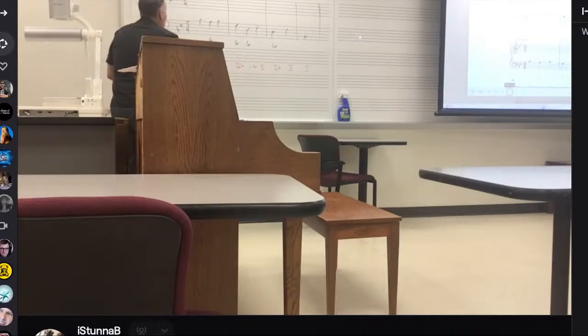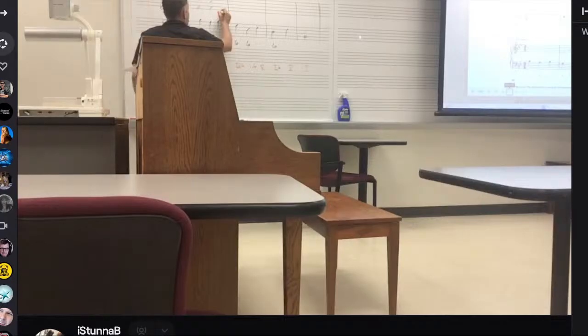Alright, so the soprano's on the D. Okay, up here? Yep, yeah. And then the alto on the F. Okay. The soprano comes down to the C. Alto stays on the F. Okay. Soprano comes down to the B flat.